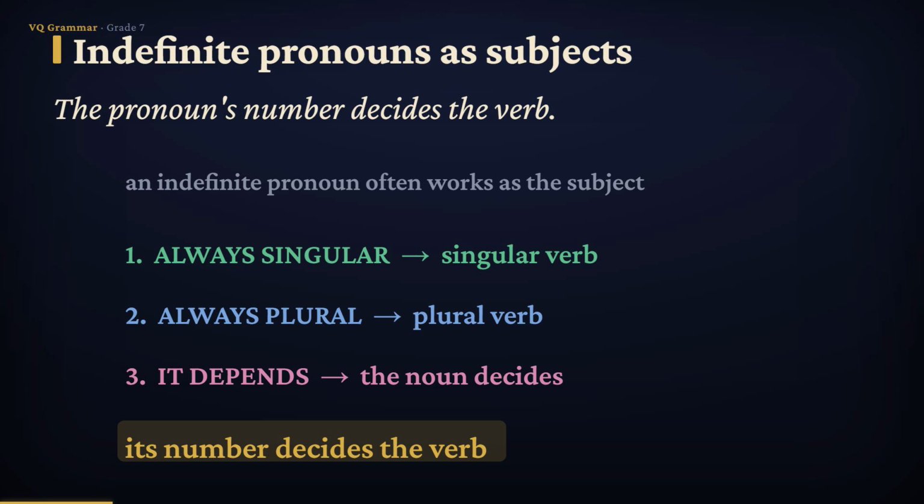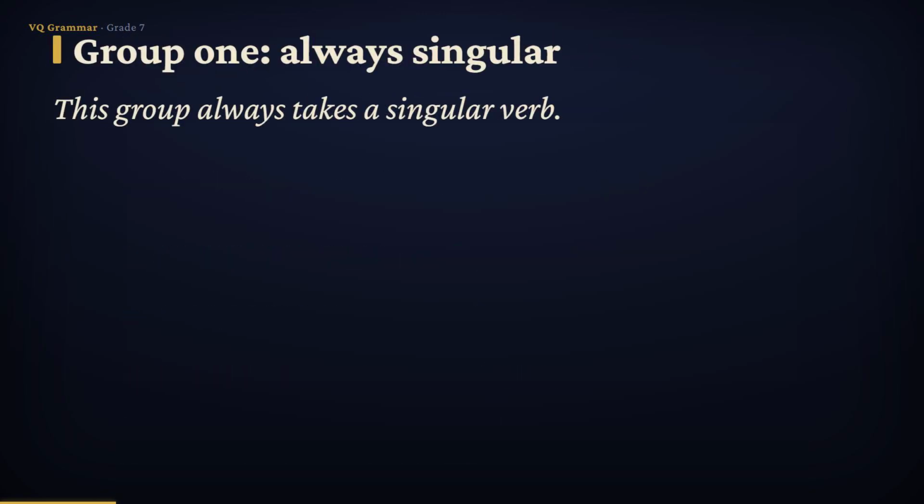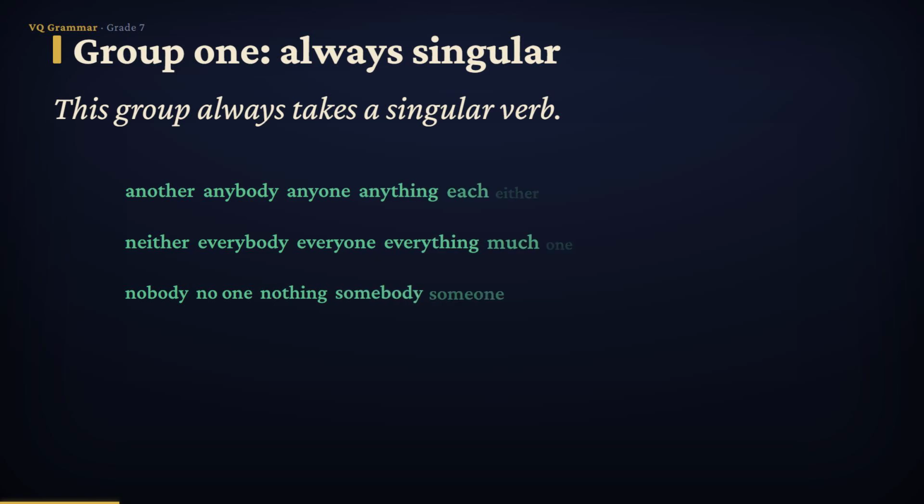Let's meet each group. Group 1 is the big one, the always singular pronouns. This long list: another, anybody, anyone, each, either, neither, everybody, everyone, one, nobody, no one, somebody, someone, and more.